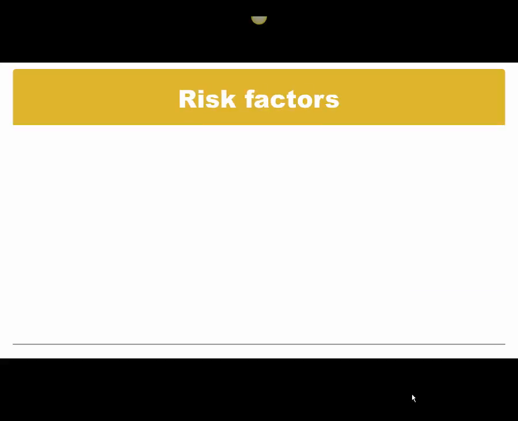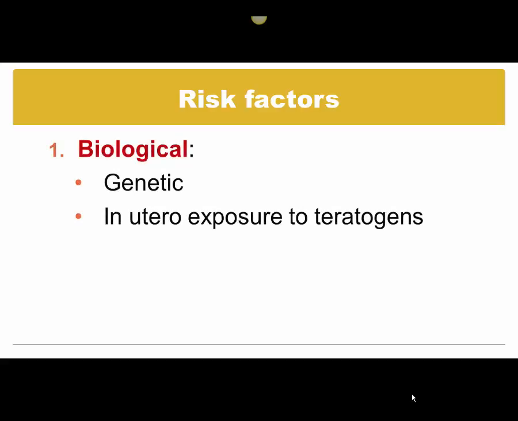We can classify risk factors in two main groups. Some risk factors are biological. For example, there are genetic disorders that put children at risk of developmental diseases or developmental delays.